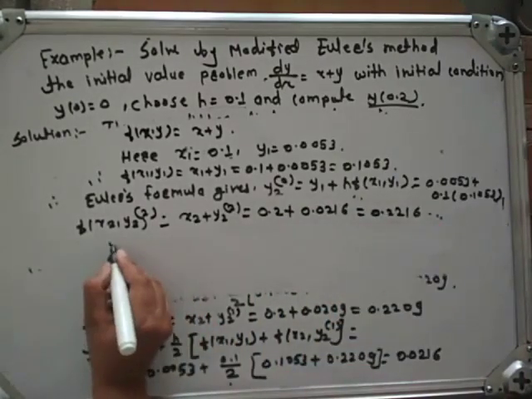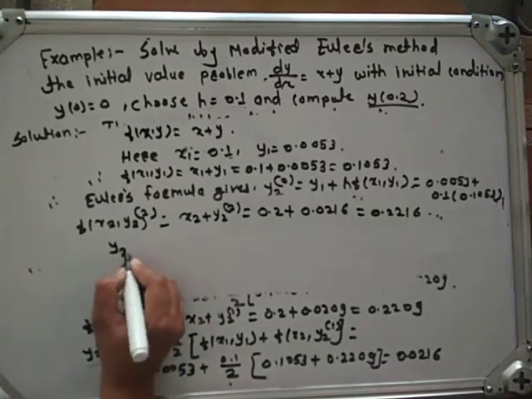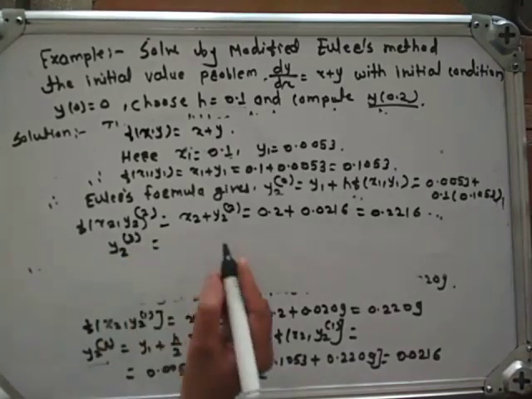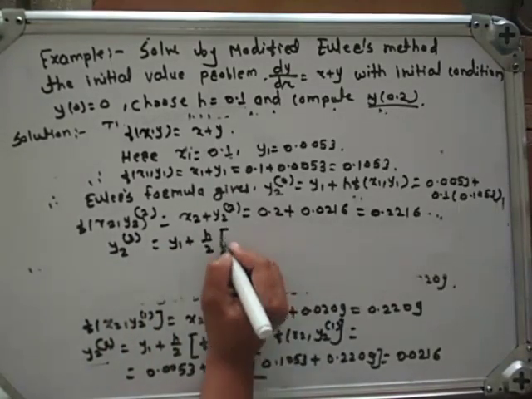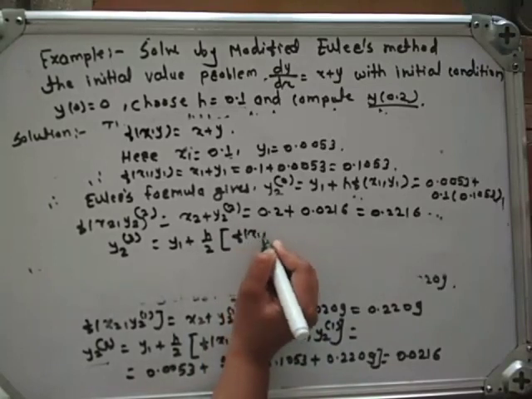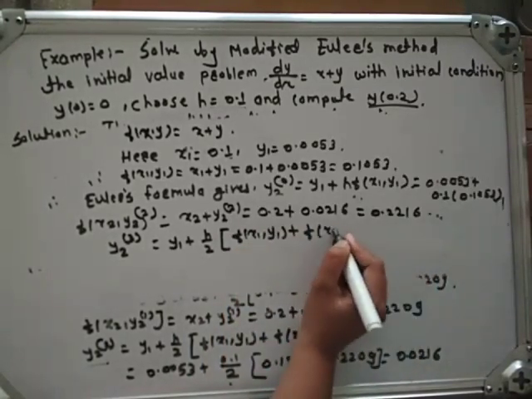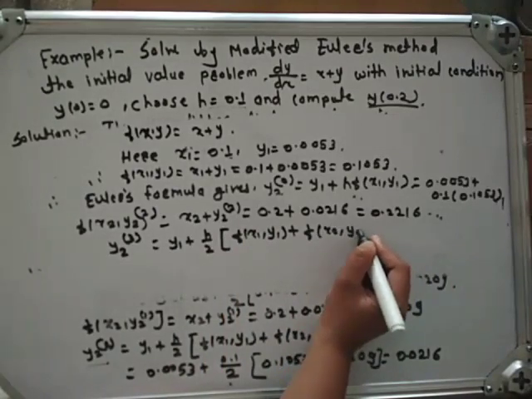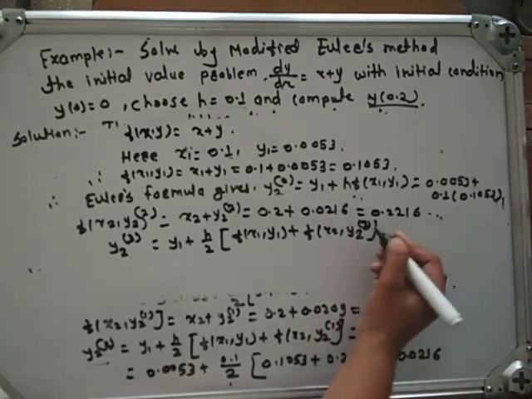So we have calculated y2 2. Now we will calculate y2 3. Your formula is y1 plus h by 2 into f of x1, y1 plus f of x2, y2 2. Sorry, here it is 2.